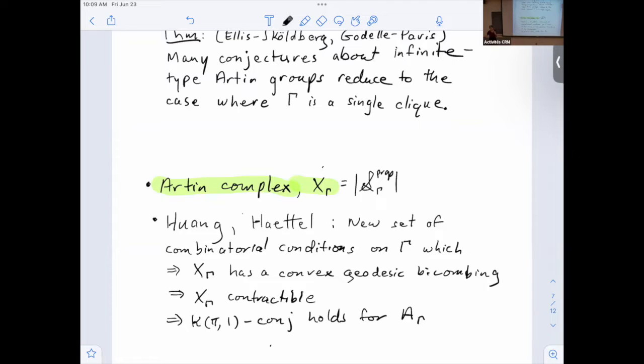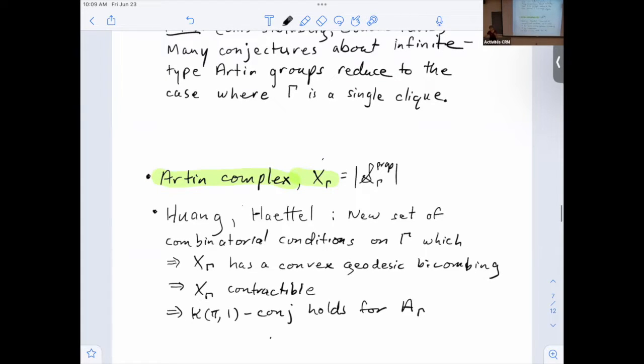He has come up with some combinatorial conditions which can be used to show that X gamma has a nice geometry. Nice geometry in this case means, in particular, that it has a convex geodesic bicombing. That's almost as good, not quite.